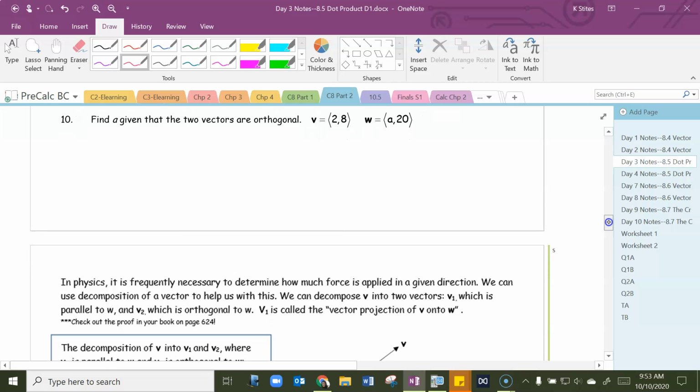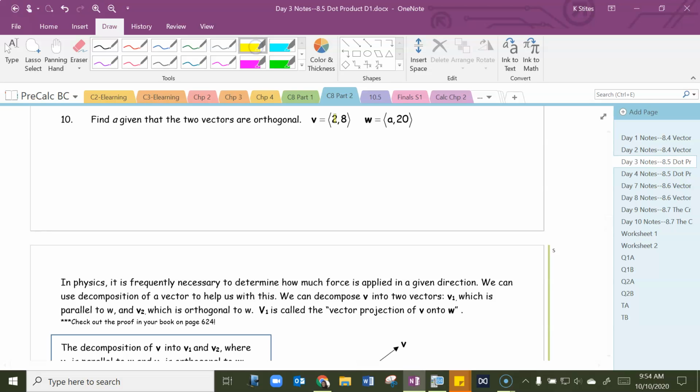All right, next, number 10, find A given the two vectors are orthogonal. There are a couple different ways to do this. One would be using the dot product, and one would be using the fact that we should have opposite reciprocal slopes. So let's go ahead and try both so that you can see which way you like the best.